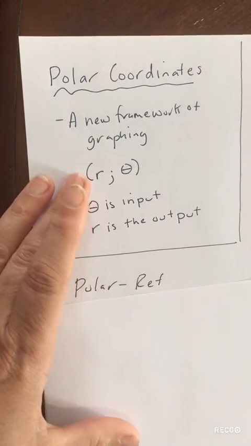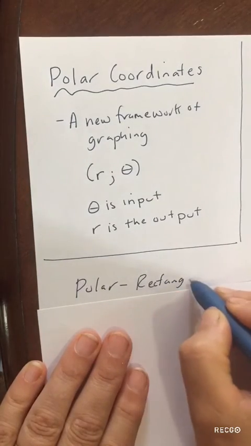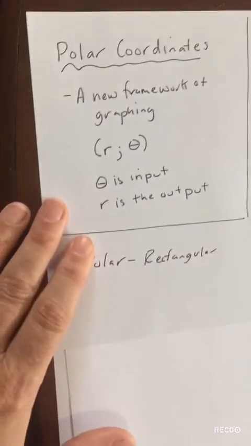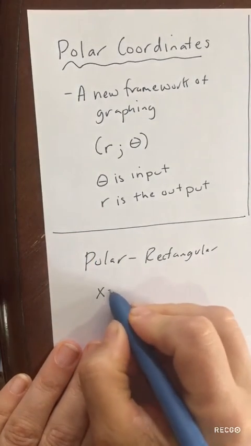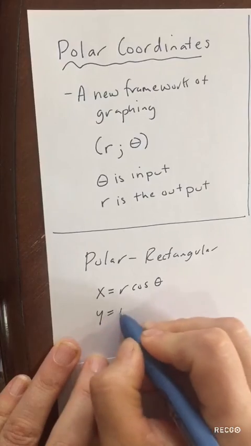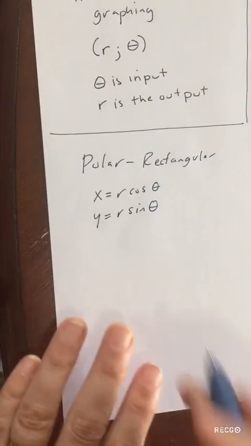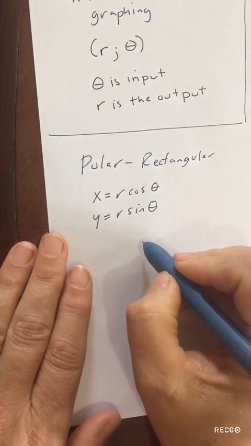Okay, so going from polar to rectangular, x is going to be r cosine theta and y is going to be r sine theta.